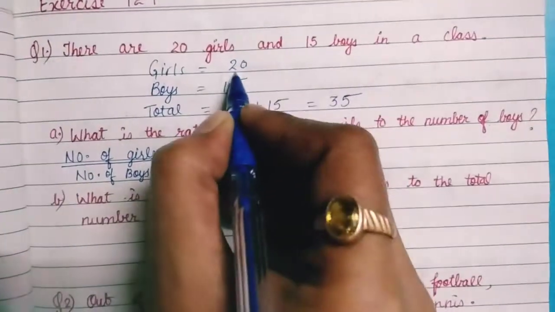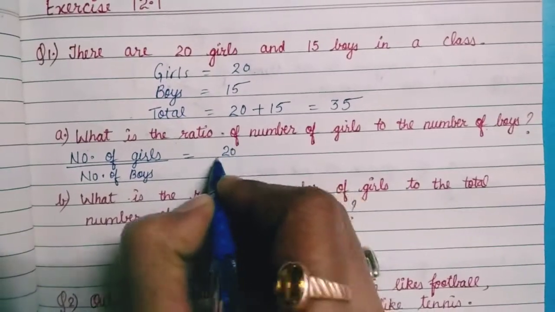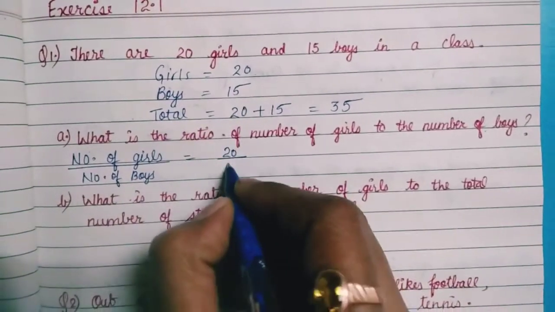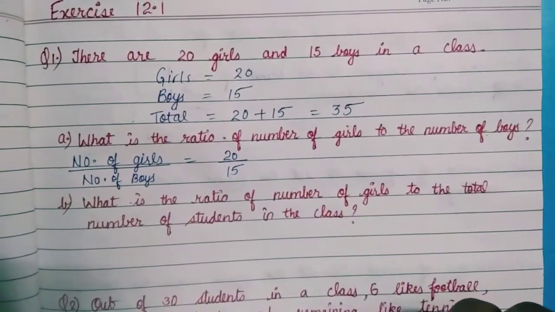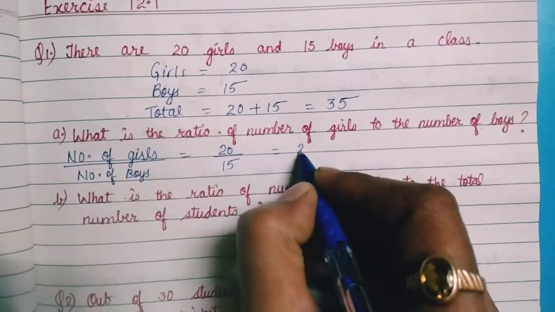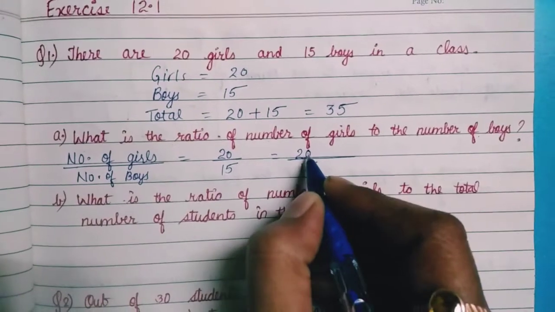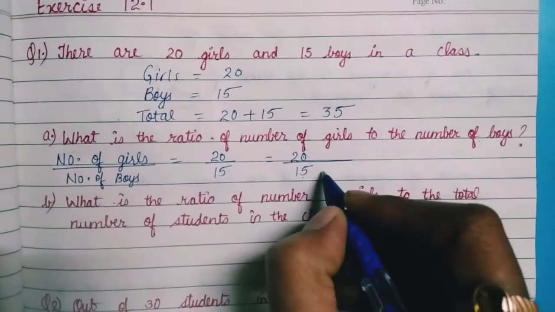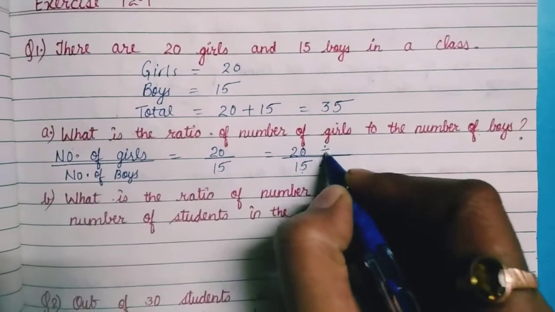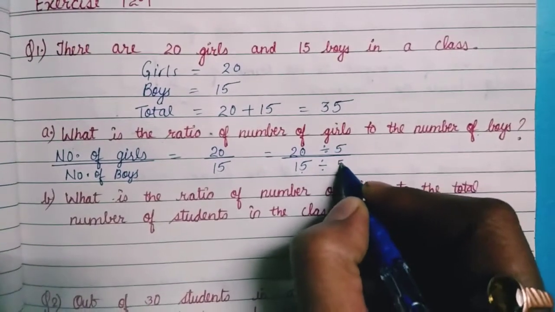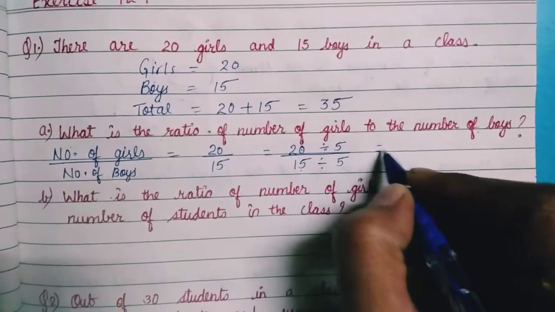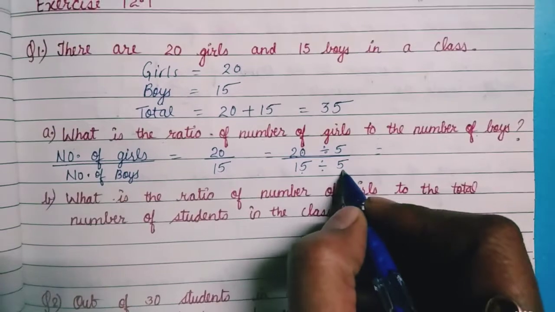Number of girls are 20 and number of boys are 15. Okay. This 20 and 15 are having one common factor which is 5. So we will divide 20 and 15 by the same number which is 5.